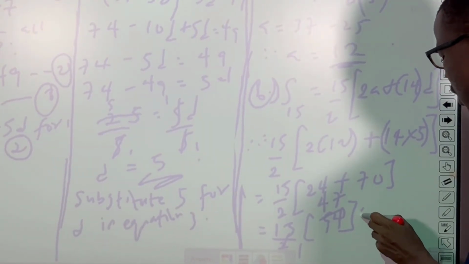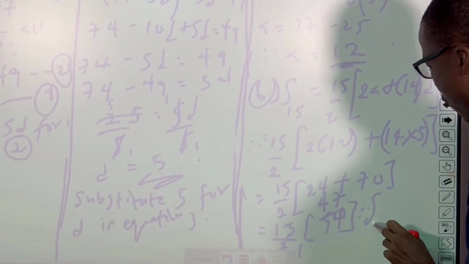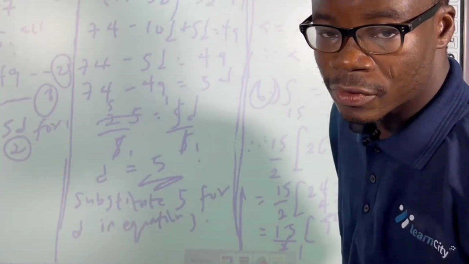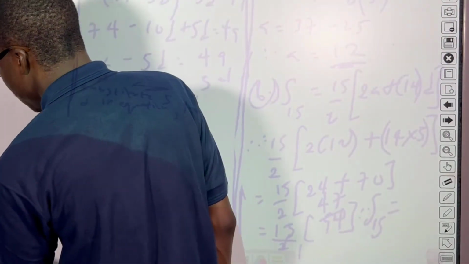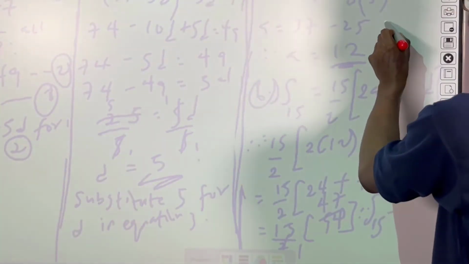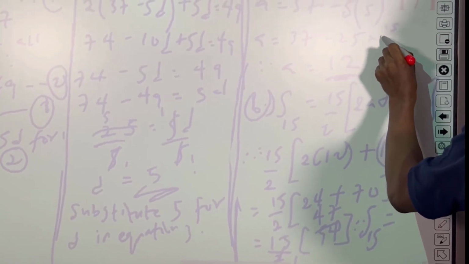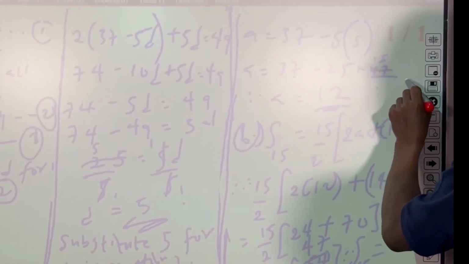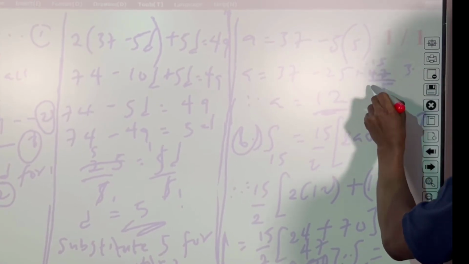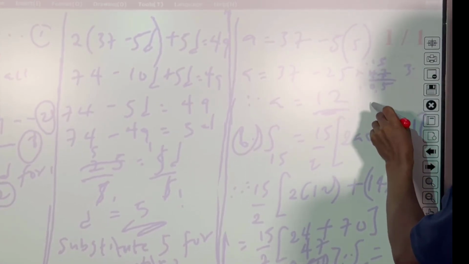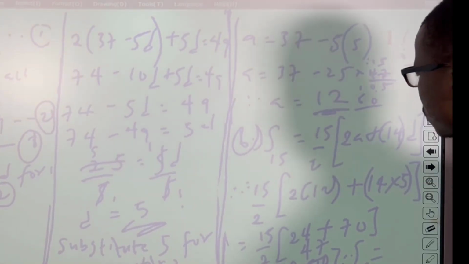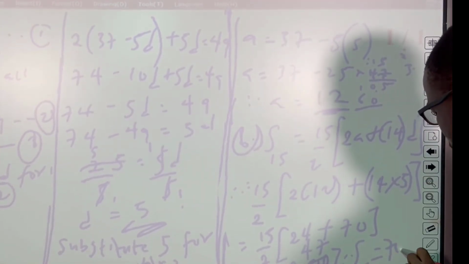So our final answer for the sum of the first 15 terms will be 15 times 47. And 15 times 47 is going to be 705.